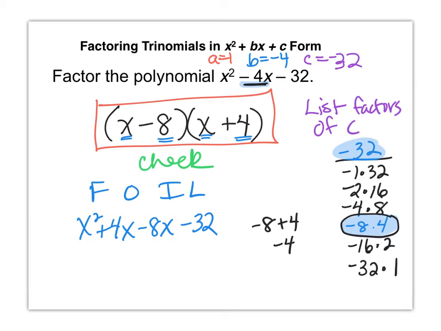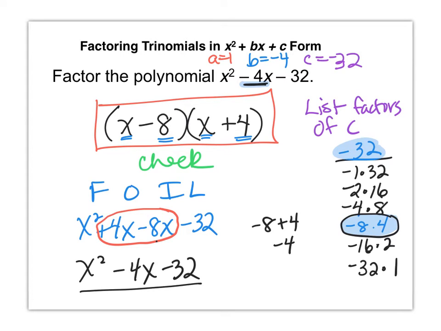And recall, when we're doing the FOIL process, often the outer and the inner terms are like terms, and we combine them, so the final trinomial is x squared minus 4x minus 32. So this is our check, and that's what we started off with. Our original trinomial, x squared minus 4x minus 32, can be factored into the quantity x minus 8 times the quantity x plus 4.